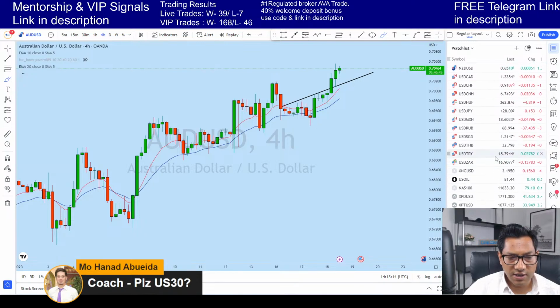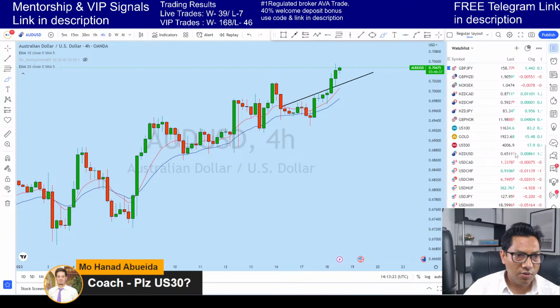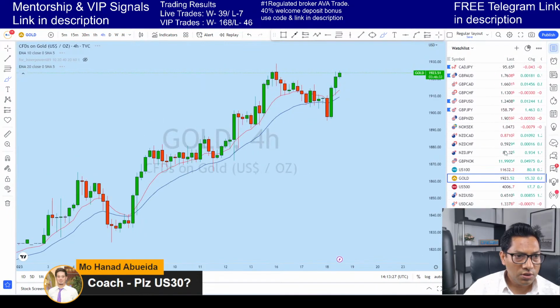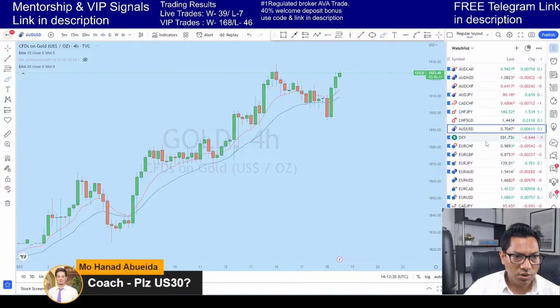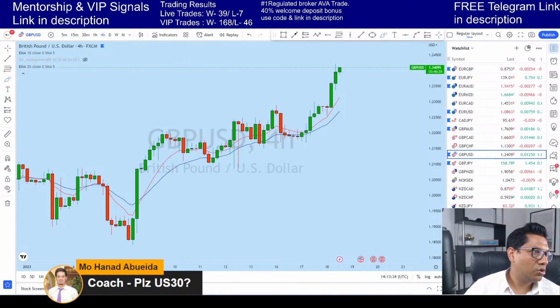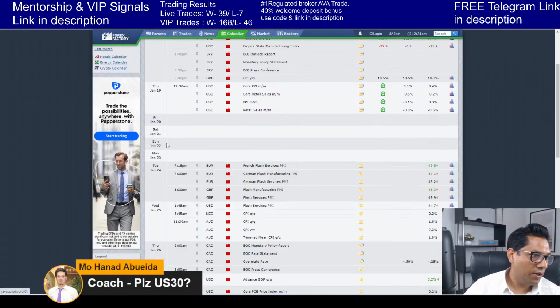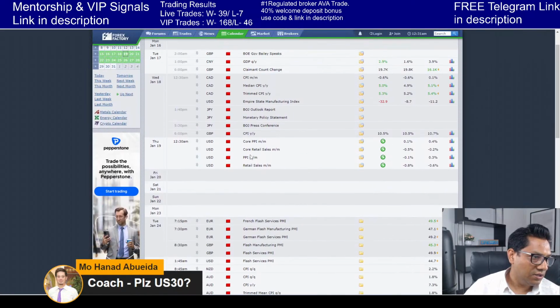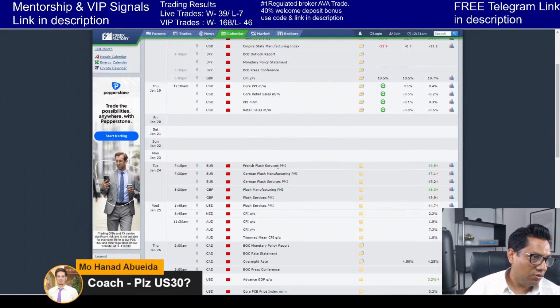The next thing is that I'll be on it for the rest of the time to see if we can find something, because the three pairs that I will be mainly looking at are gold, AUD/USD, and GBP/USD. These three pairs are showing a very strong bullish move, and the news is coming next week.